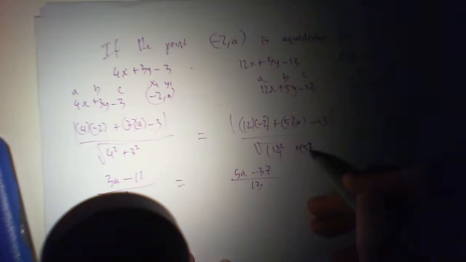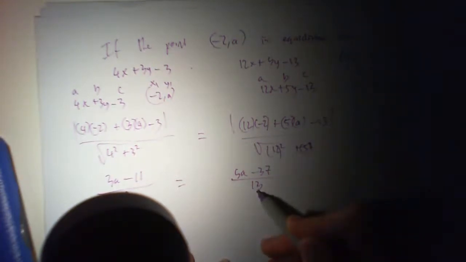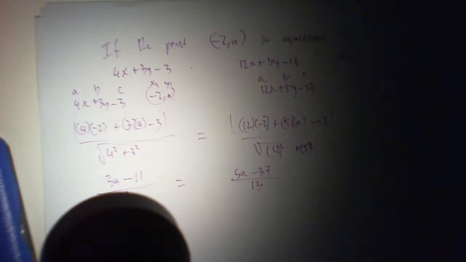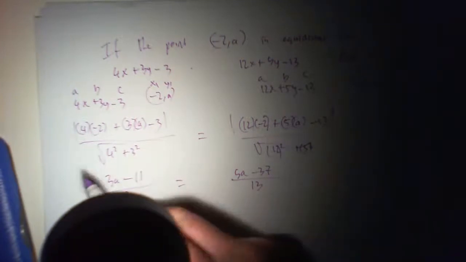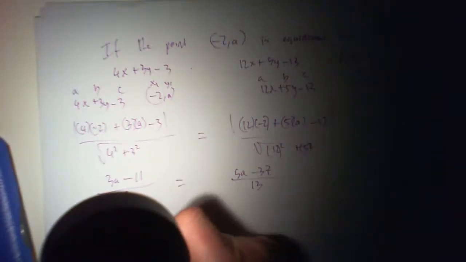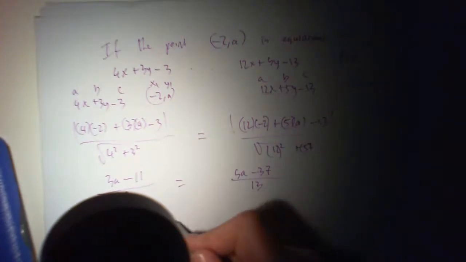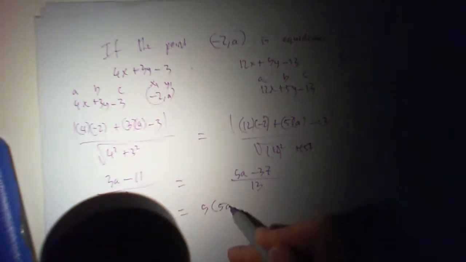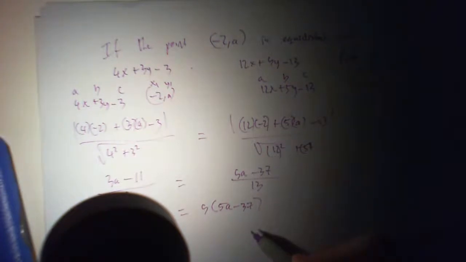That's 144 plus 25 is 169, square root of 169 is 13. This is a simple enough sum, do it whichever way you want. 13 times that side equal to 13 times, so 3A minus 11 is equal to 5 times 5A minus 37.